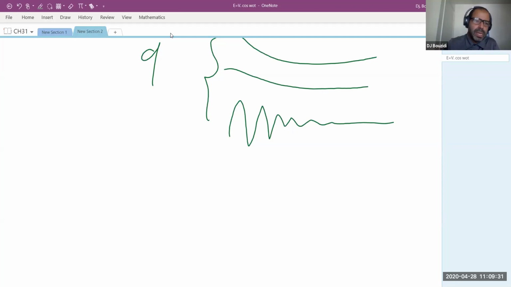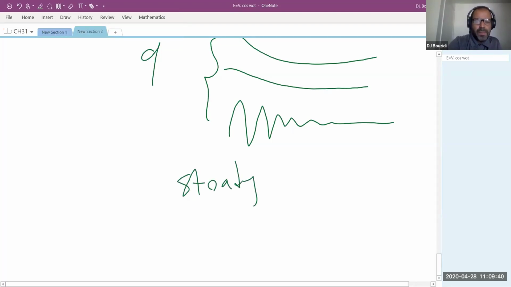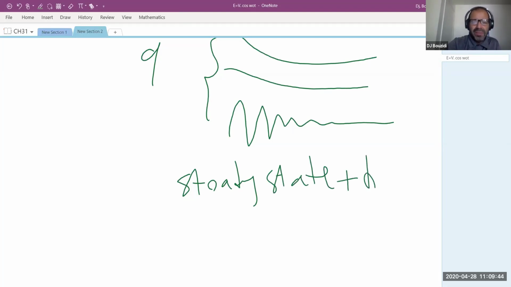The plug is always there in the wall, and you're always pulling energy from it. So that's what we call the steady state. This is supplied by the power source, and you have the transient. The transient, if you wait long enough, is going to die out. So that's basically what the thing is.